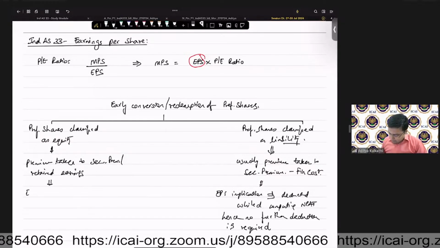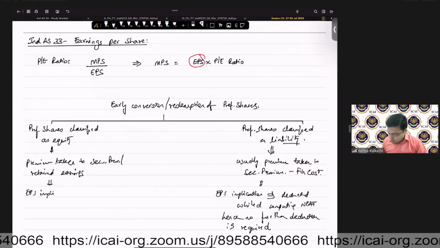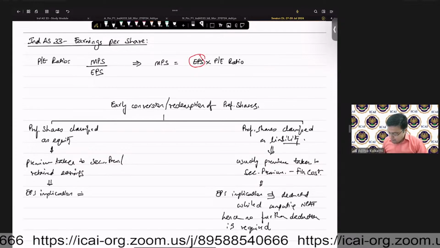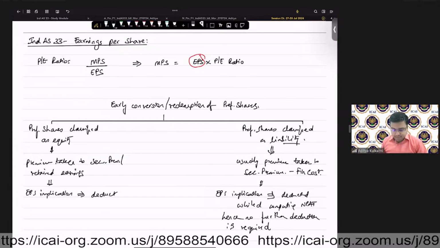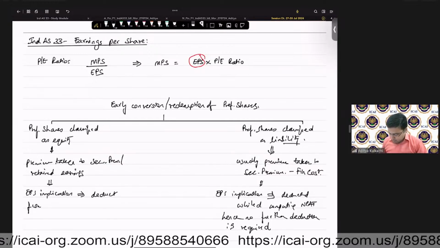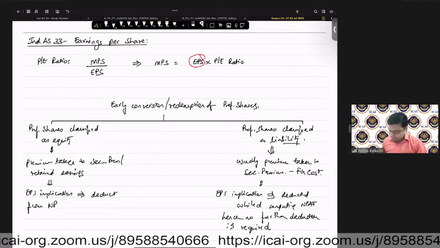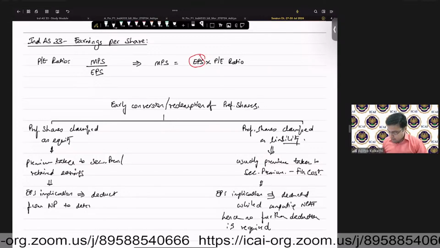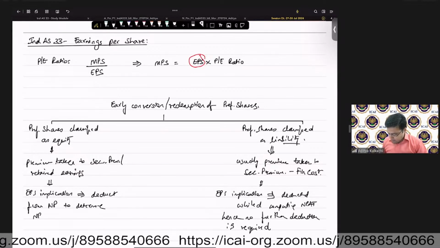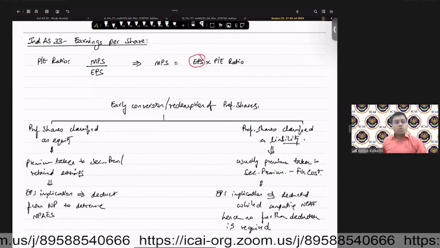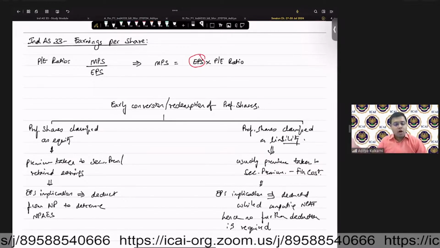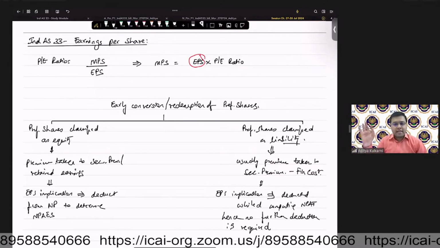So your EPS implication for this particular case will be: deduct from net profit to determine net profit attributable to equity shareholders. Why? Because such premium would not have been deducted while computing the net profit.